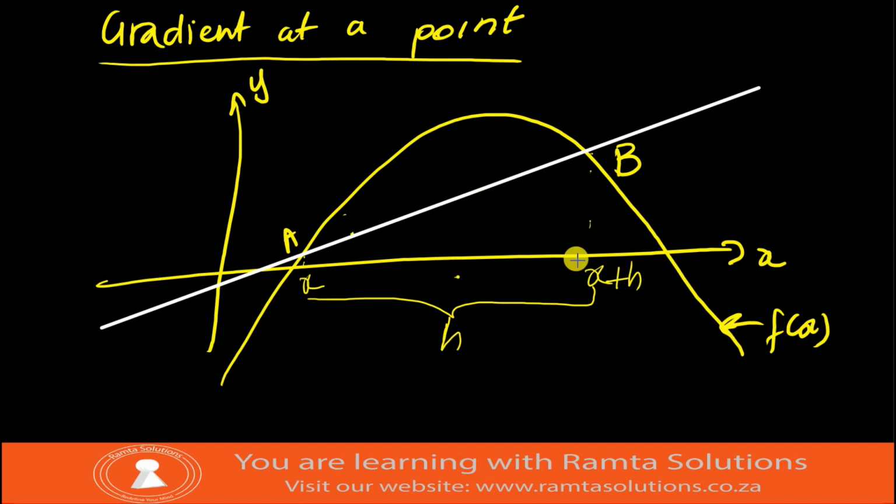H is the horizontal distance between A and B.